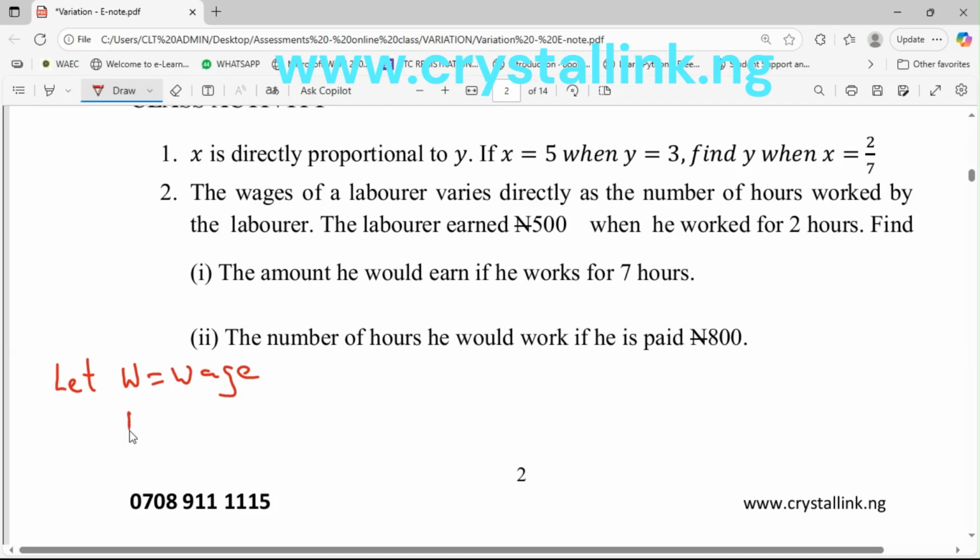The wages of a laborer varies directly as the number of hours. So let me just say H. Let H equal to number of hours the laborer worked. So I'll define these two variables now.